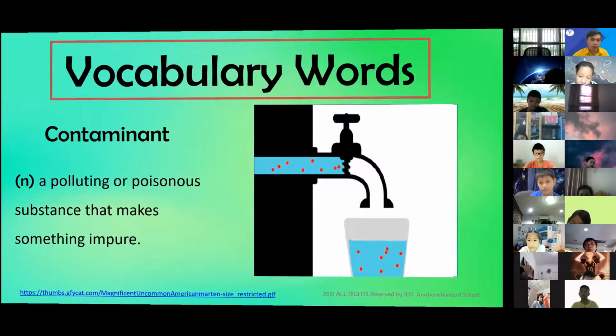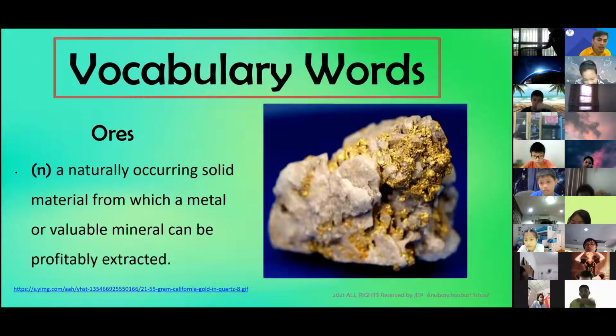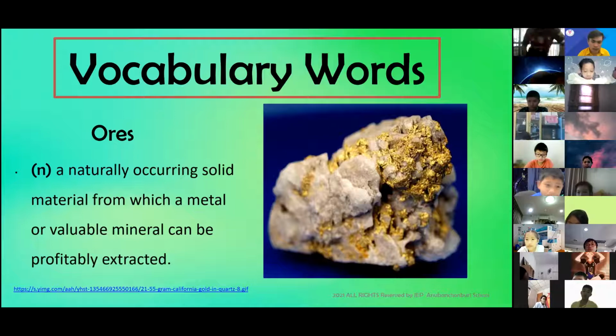Okay, so the next word is ores, or ore. It is a naturally occurring solid material from which a metal like iron, in this picture is gold, can be profitably extracted. Okay, so if Supakrit sees this rock somewhere in the river or near the ocean, Supakrit will give it to Teacher Edward, right? And Parinya also.